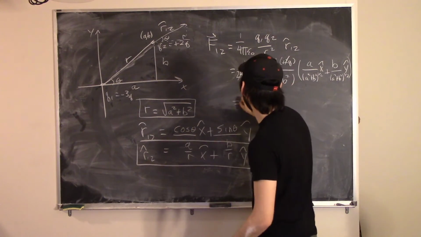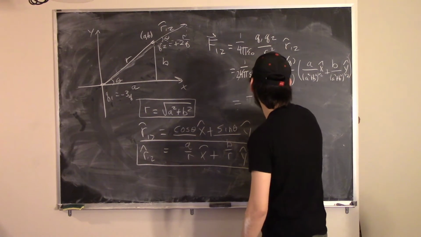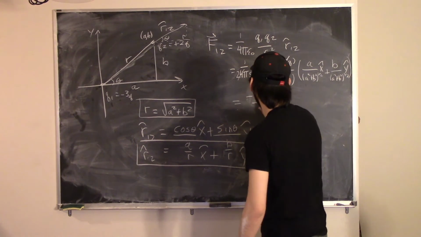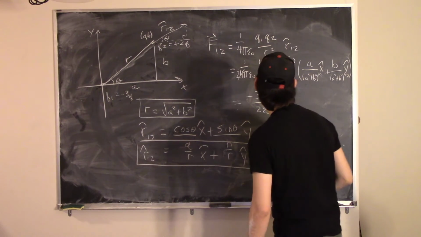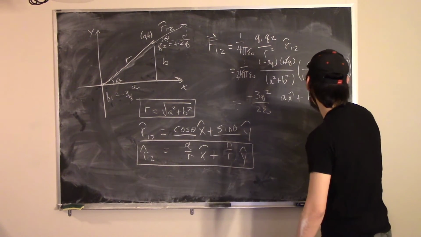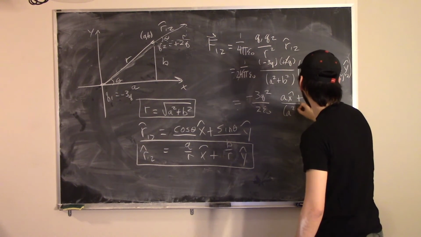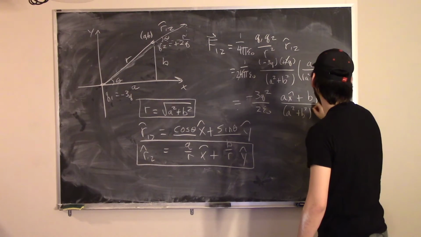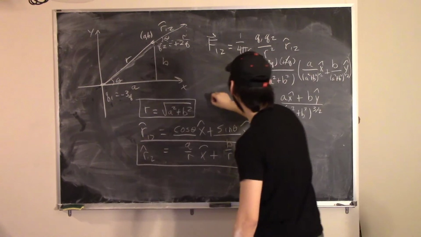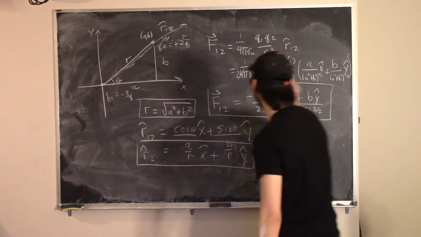And what I end up seeing, you'll want to check this, is minus 3Q squared over 2 epsilon naught times A x hat plus B y hat divided by A squared plus B squared to the 3/2. Okay? And this is what our force F12 is going to be, okay?